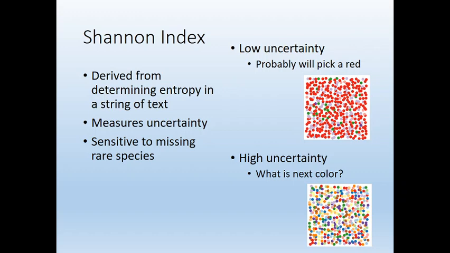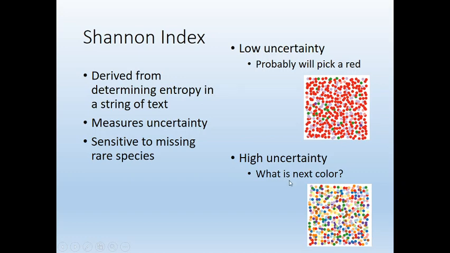Think of it this way: this community has low uncertainty. What is the probability that you will pick a red here? Well, it's pretty high, so we have low uncertainty. We're pretty certain that we're going to pick a red from this community.